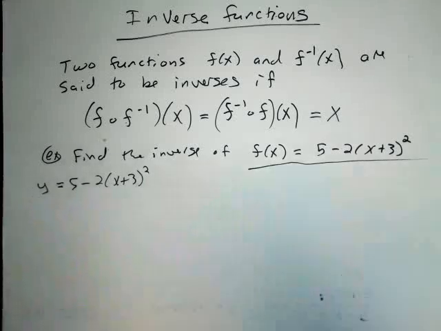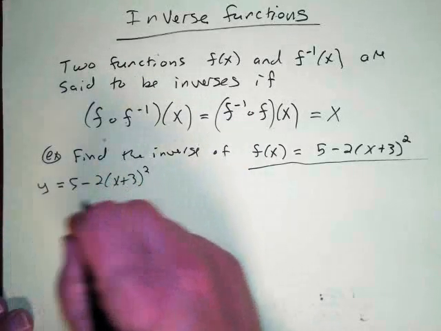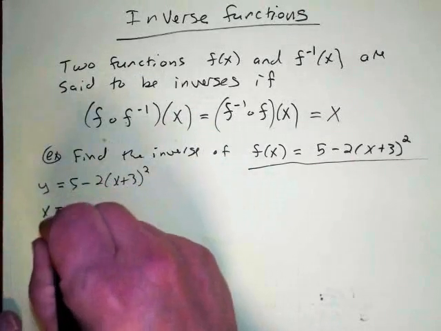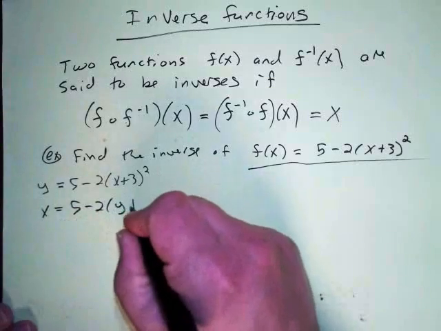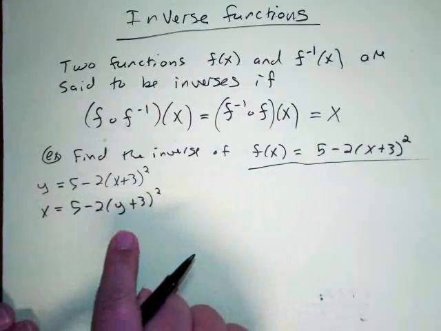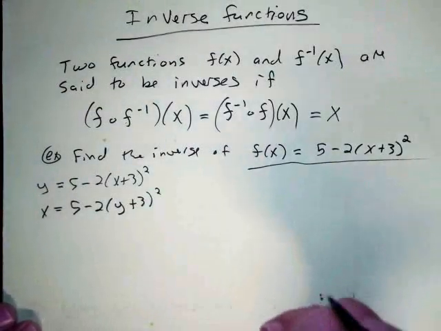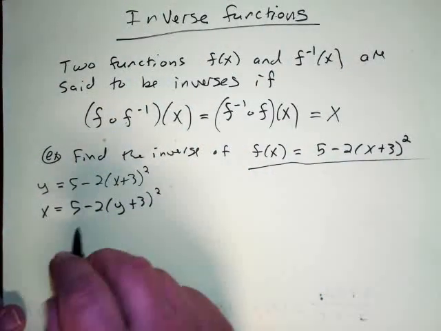So in other words, if I put in x and I get out y, then if I put y in the inverse, I'm going to get out x. And so if I switch the x and the y around like this, and then I solve for y here, then I'm going to get the inverse, okay?